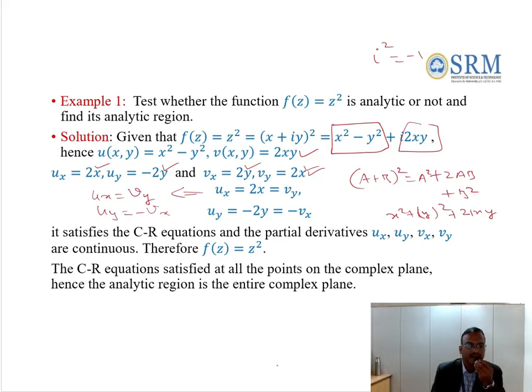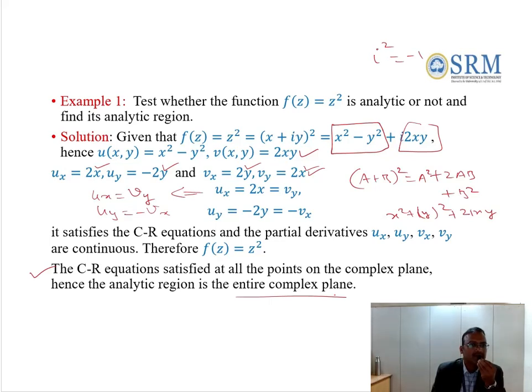Where is it analytic? We didn't specify any point. Therefore the function is analytic at all points in the complex plane. The CR equations are satisfied at all points in the complex plane, so the function is analytic in the entire complex plane.